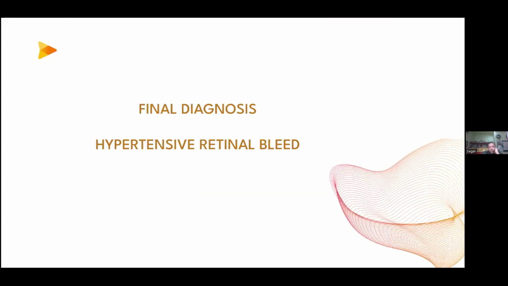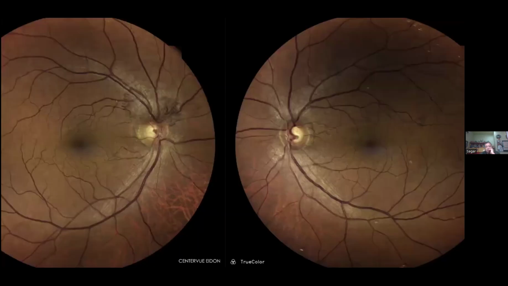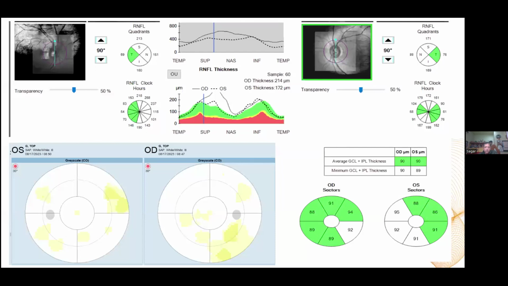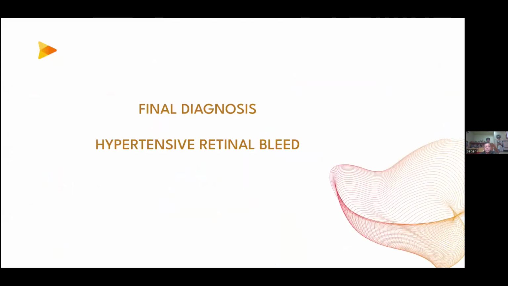I'm jumping the slides. So yeah, it resolved actually with some collaterals. With control of his blood pressure, the bleed went away, and there are some collaterals here. So testing is normal. Final diagnosis: hypertensive retinal bleed. So should I go to the next case? Nothing much here. Yeah, I can go ahead.